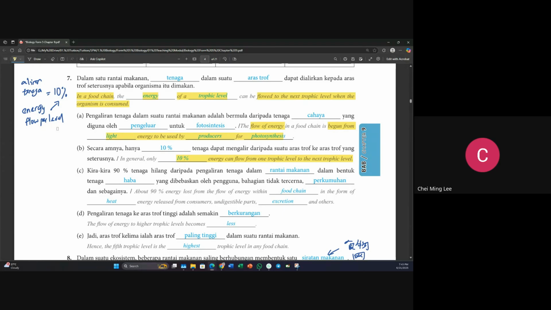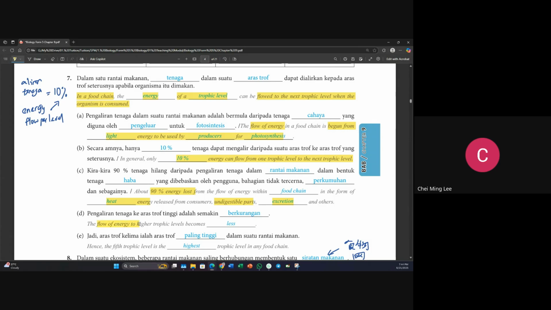So now only 1% is left, because it is 10% of that 10%. Then from the third level to the fourth level, it becomes only 0.1%. From 1%, times 10%, only 0.1%. So each level reduces 90% from the initial. The 90% energy loss is in terms of heat energy, undigestible parts and also excretion.